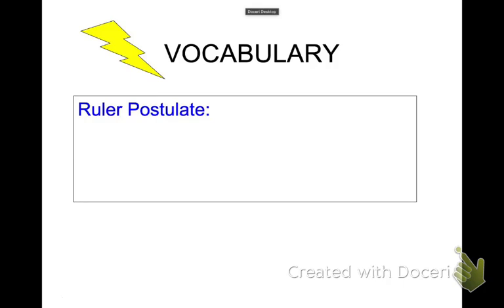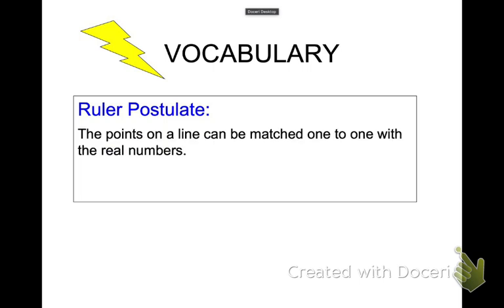The postulate, whatever you want to call it, that we're going to deal with is what's called the ruler postulate. And it just says the following: that the points on a line can be matched 1-to-1 with the real numbers.